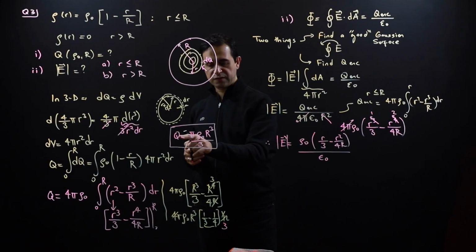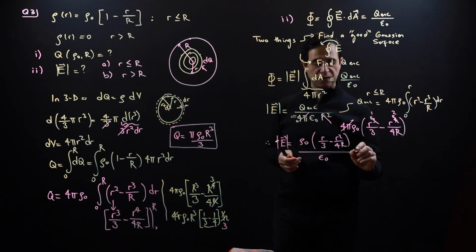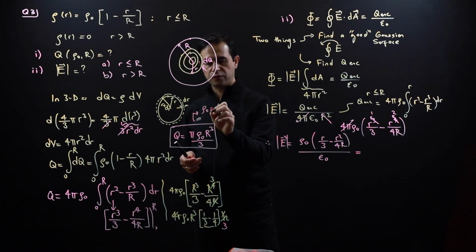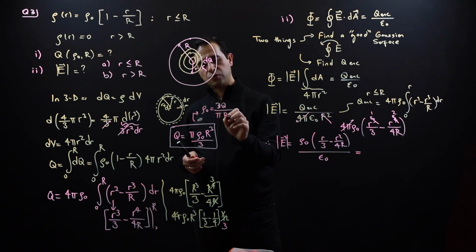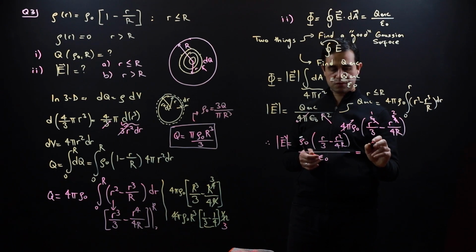Instead of rho 0, I can substitute these in here if the question gives us Q, capital Q. So this is equal to, instead of rho 0 from here, rho 0 is 3Q divided by pi times capital R cubed, right? I can take that and substitute it here. Let's see what it looks like.